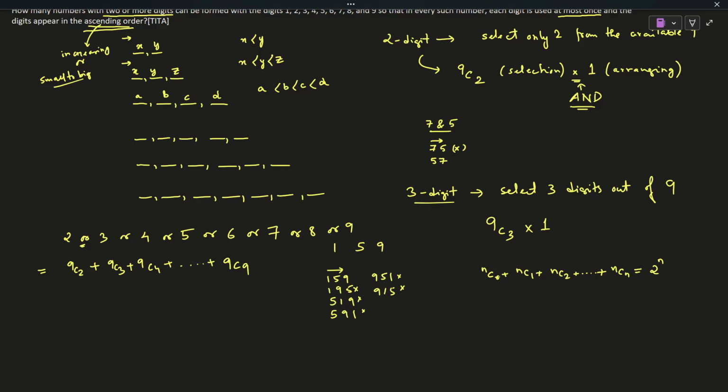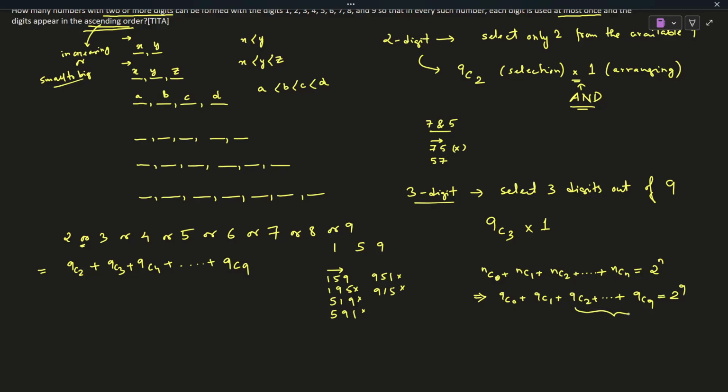This comes from the binomial expansion. I will not teach that here because it will take another 10 minutes, and I don't want to make the video longer. So now I have n equal to 9: 9C0 plus 9C1 plus 9C2 plus dot dot dot plus 9C9 is equal to 2 to the power of 9.